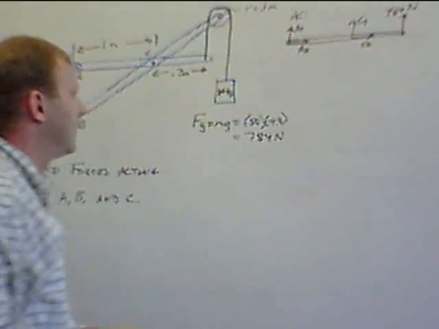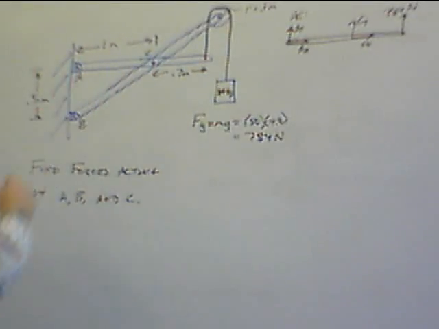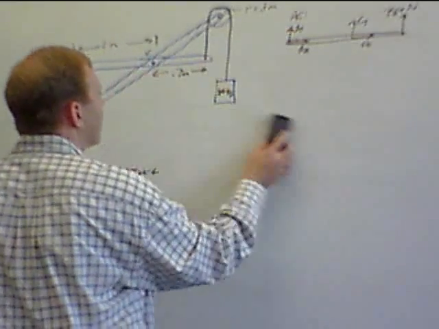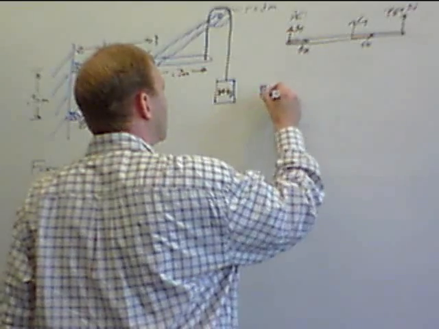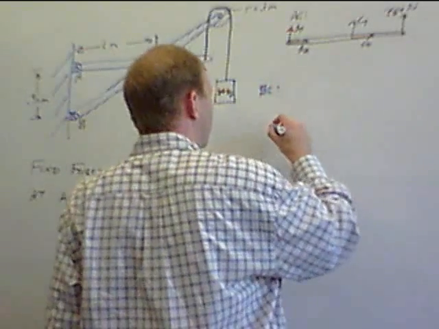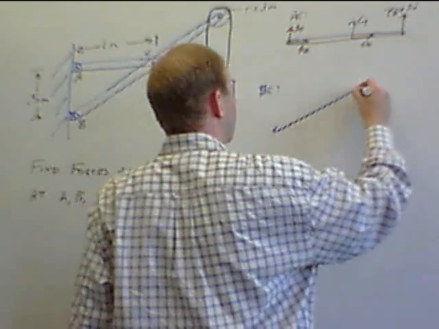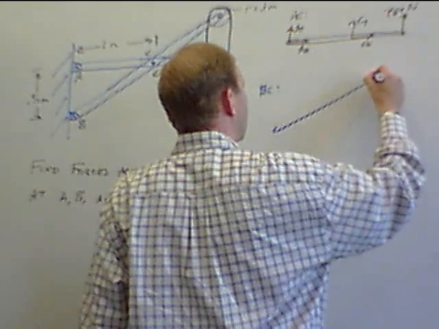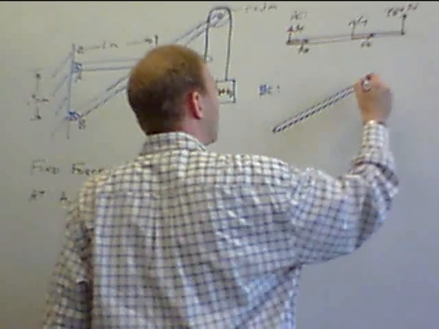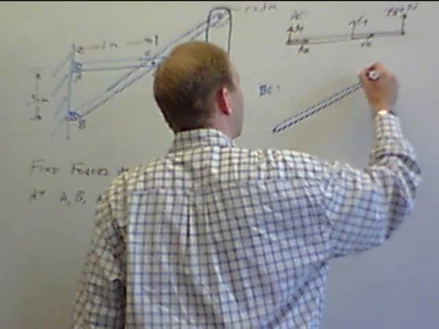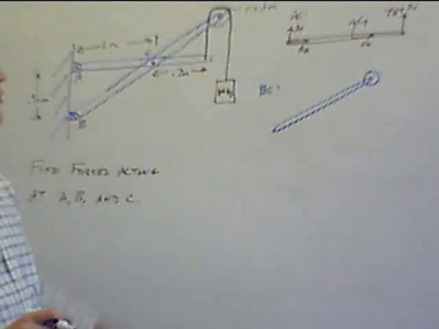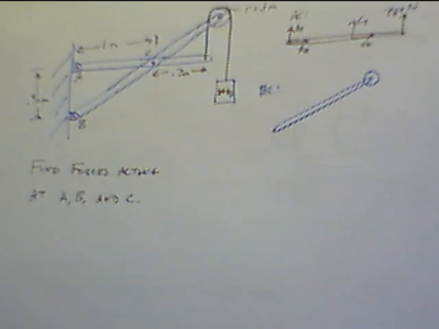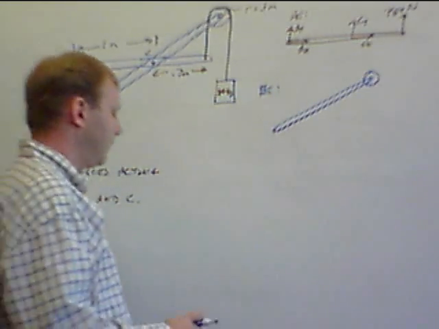Okay. The other beam we care about is beam BC. And I'm going to erase this so I have some room to draw. Beam BC. This one I'm going to include the pulley on the end of it because if I separate the pulley from the beam, I have to find all the reaction forces between the pulley and the beam, and I'd rather avoid doing that, so we'll leave that out.